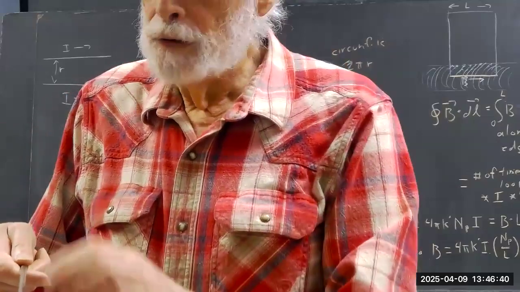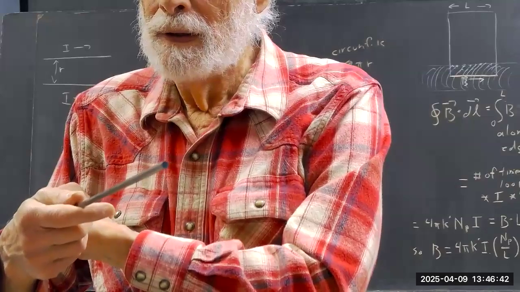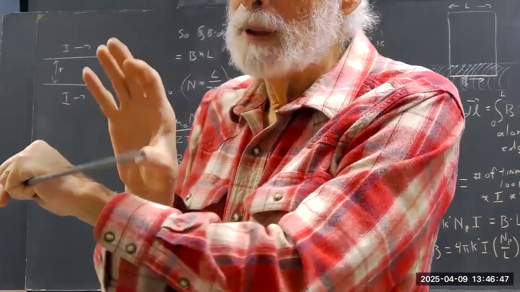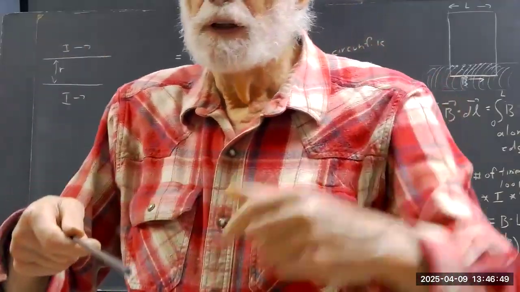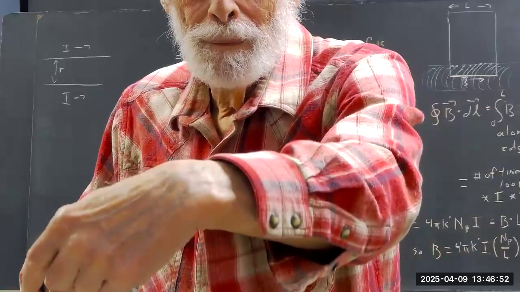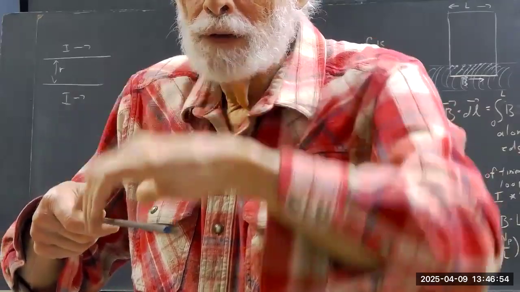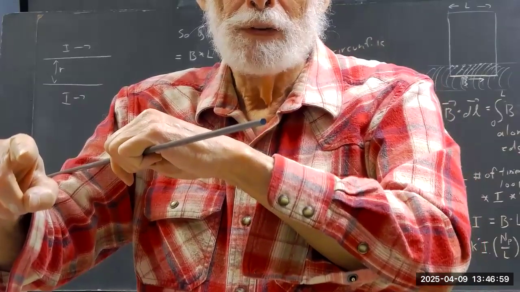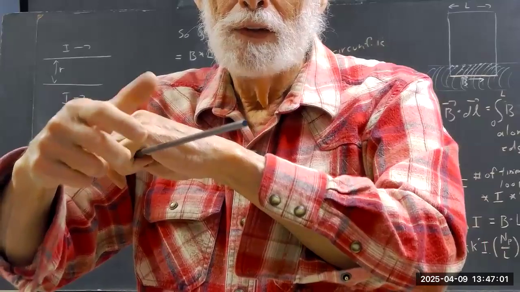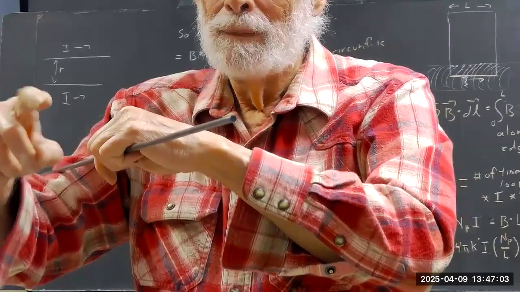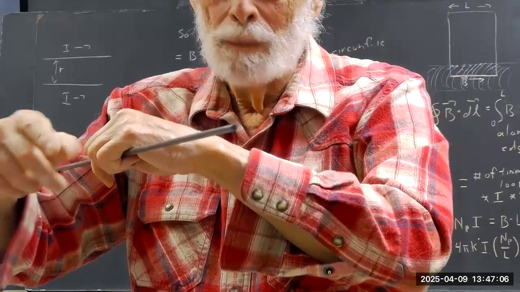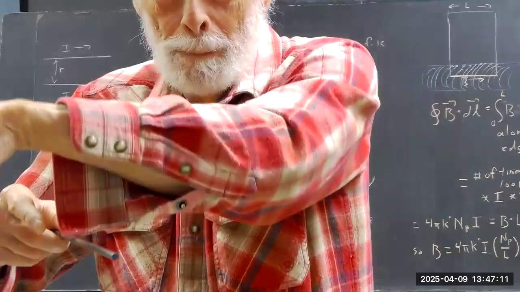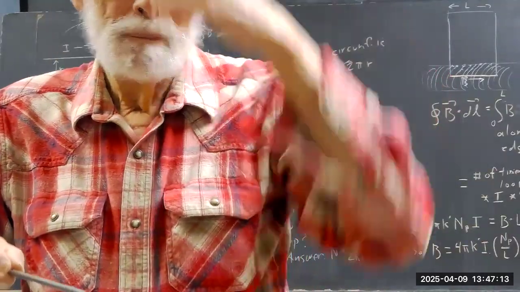If the current is flowing in this direction, by my right hand, the field is circulating around the wire like this. What's the direction of the magnetic field that this wire is producing at the position of the other wire? It's going around like this. It'll be going down.